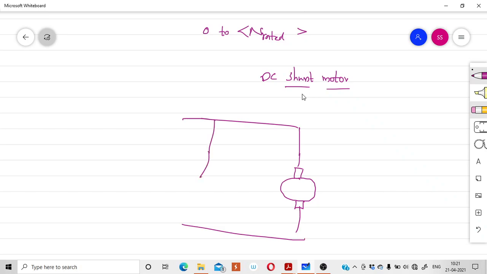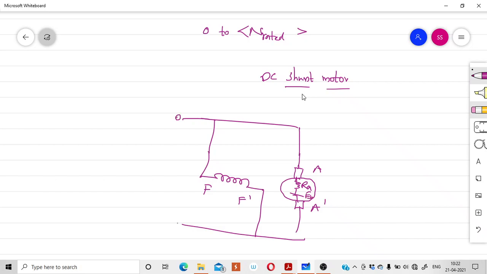The schematic diagram of a DC shunt motor is like this. So this is F dash A dash, and this is RA, the armature resistance, and EB, the back EMF.